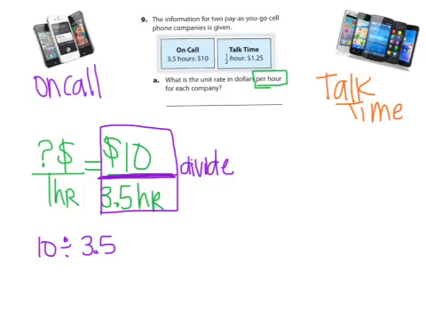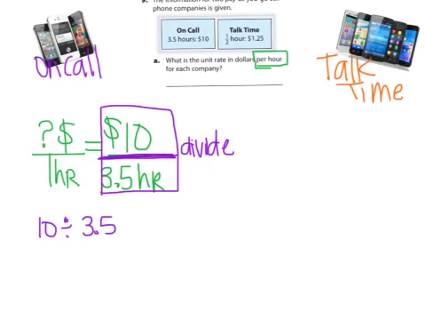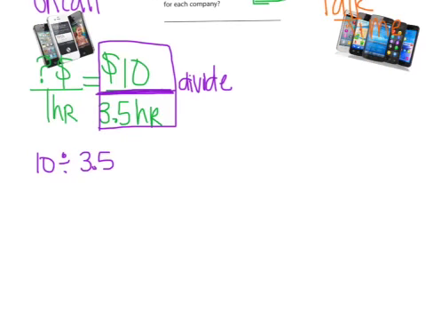To set this problem up, I'm going to move all this up a little bit so I have more room. The first number goes in the box. The second number goes outside the box. We don't like to divide by decimals, so I need to move this decimal so that it turns into 35, not just 3.5.